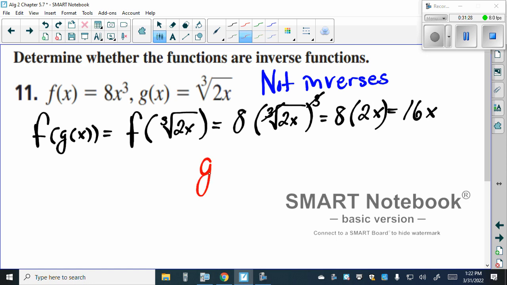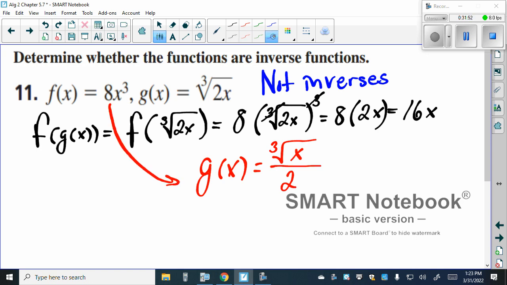For what we actually need, g of x would actually have to be the cubed root of x over 2. If we actually wanted these to be inverses, this is what we would need. Did this actually ask us to find what the inverse was? No, it just asked us to determine if they were or not. But if f of x was that, this is what our g of x would be.